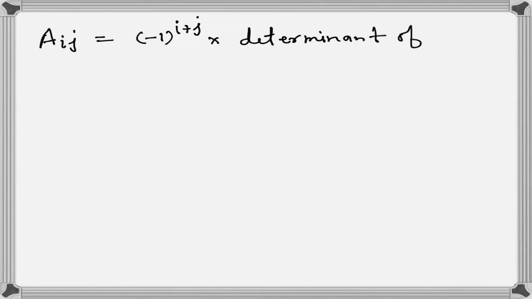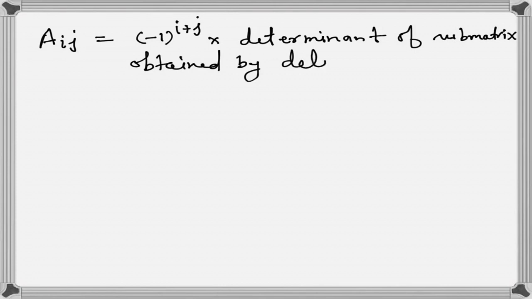In general, this Aij is nothing but (-1) to the power i plus j times the determinant of the submatrix obtained by deleting the ith row and jth column.